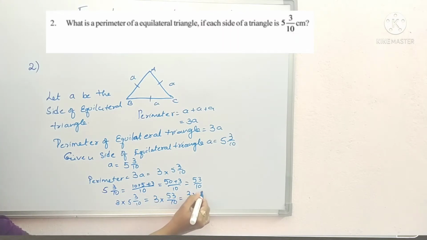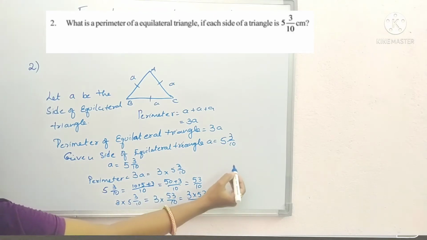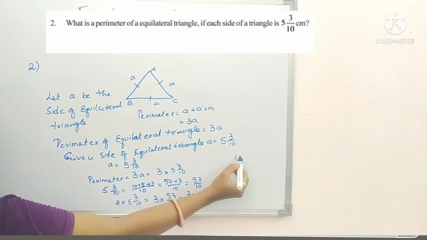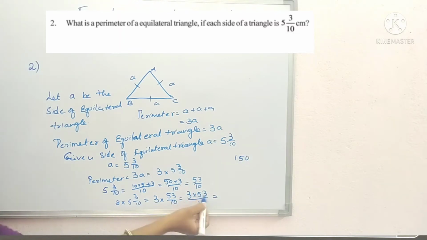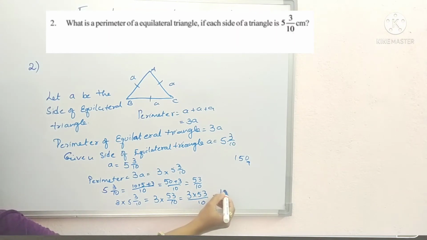So after multiplication, 53 means 50 plus 3, right? 50 threes are 150. Next 3 threes are 9. So what is this value? 159 by 10.